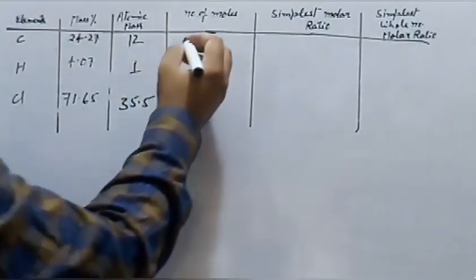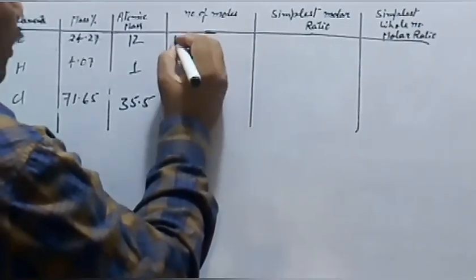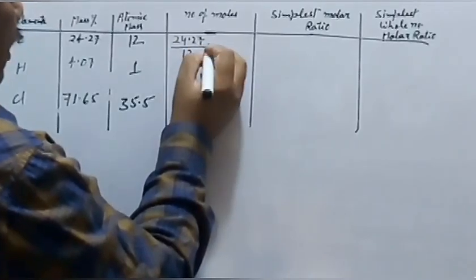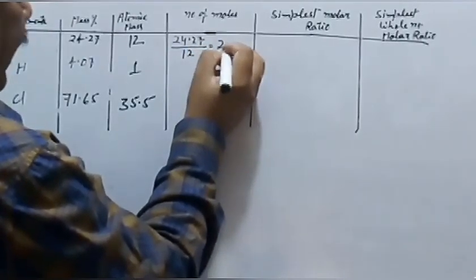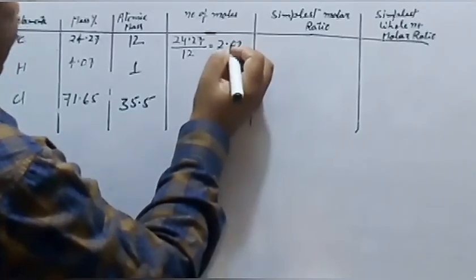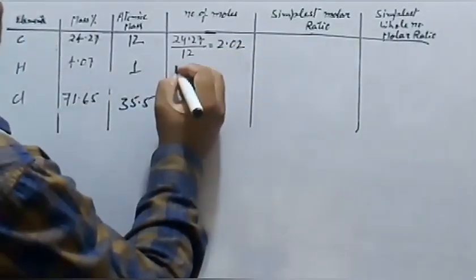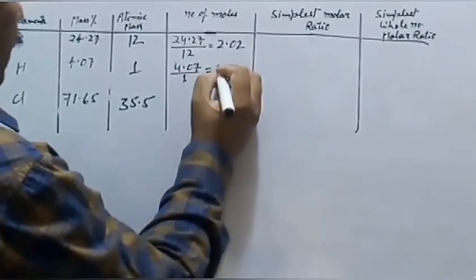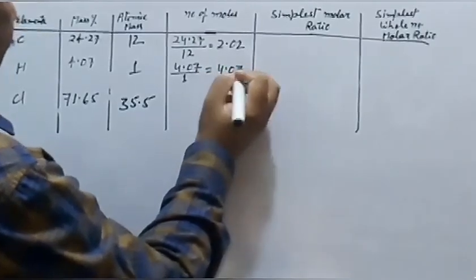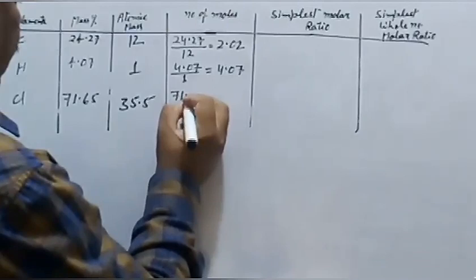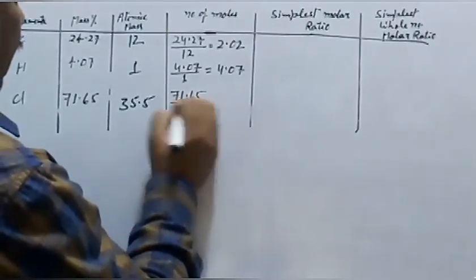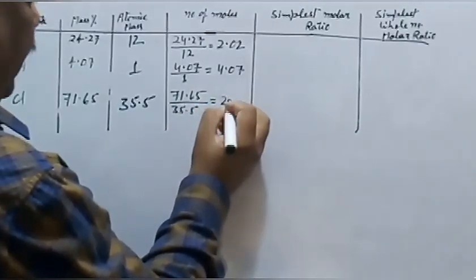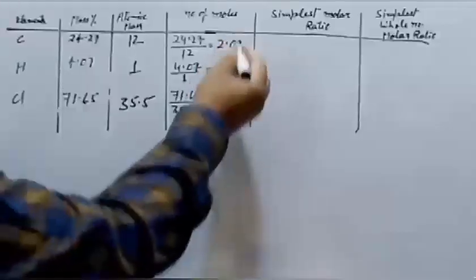So number of moles is given mass upon atomic mass: 24.27 upon 12 equals 2.02. 4.07 upon 1 equals 4.07. 71.65 upon 35.5 equals 2.02. These are the number of moles.